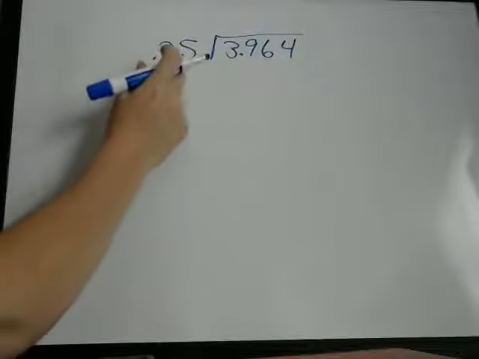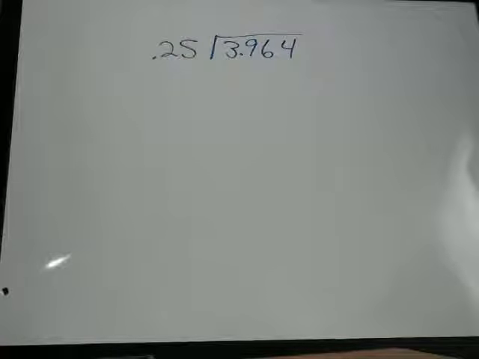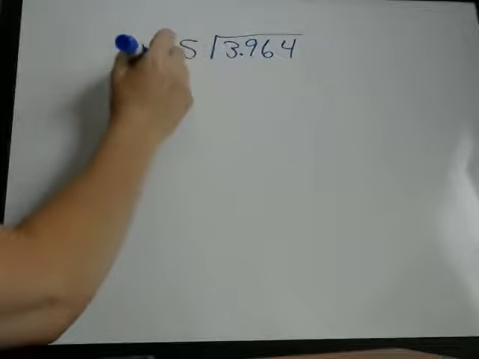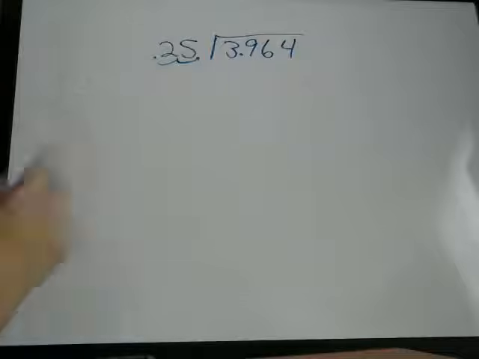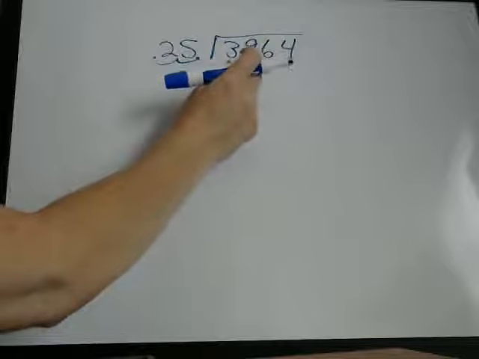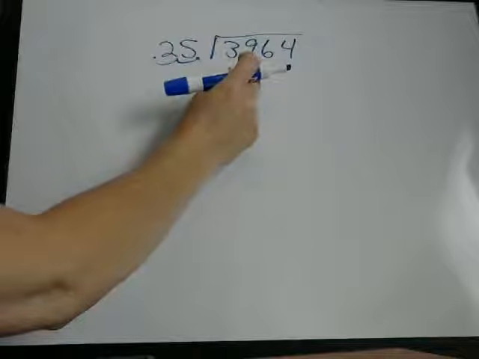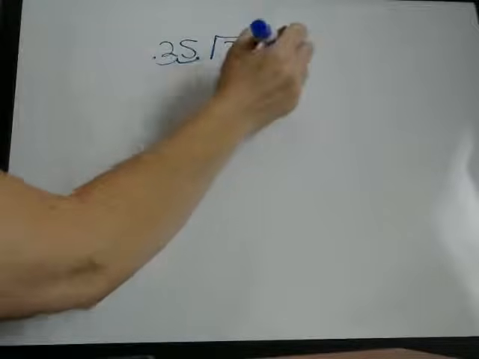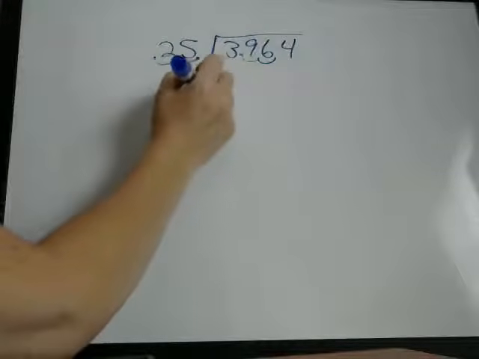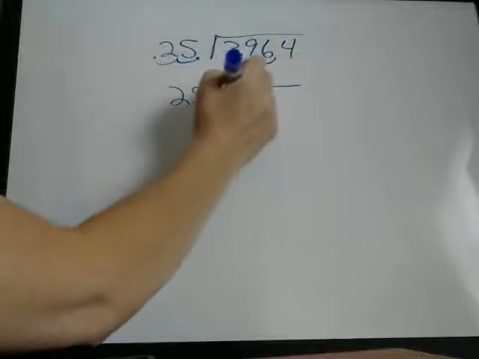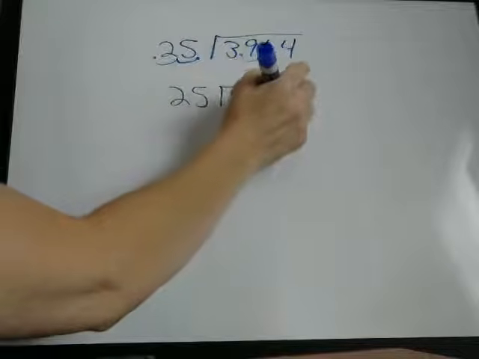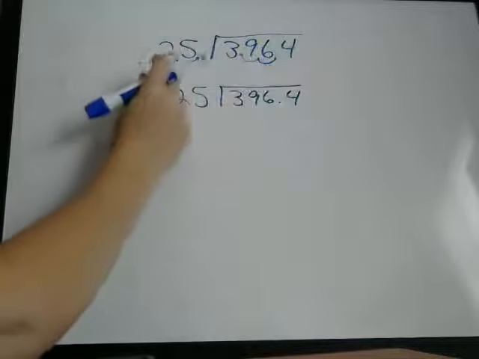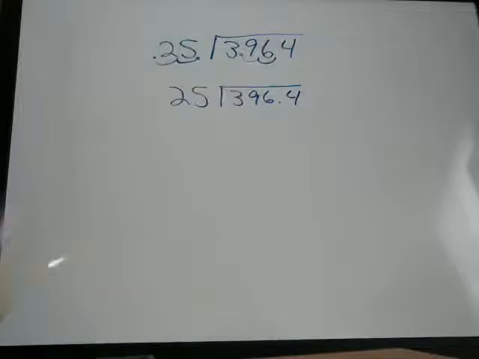So we're going to move this decimal point to the right as many times as it takes to get a whole number. 1, 2. If we move this to the right 2, we have to move this to the right the same number of times, so twice. 1, 2. So now we write this as 25 into 396.4 because we've moved the decimal twice in each number. And then we just do normal long division like we normally do.